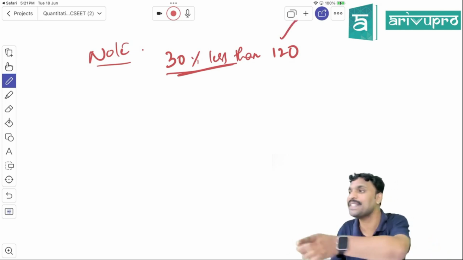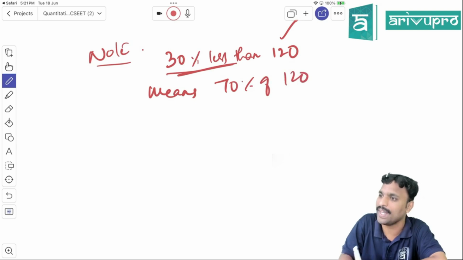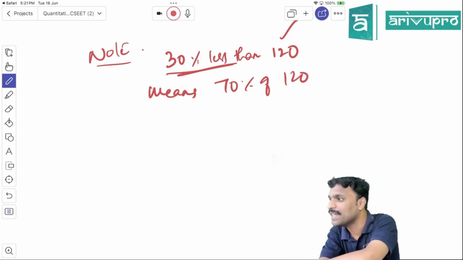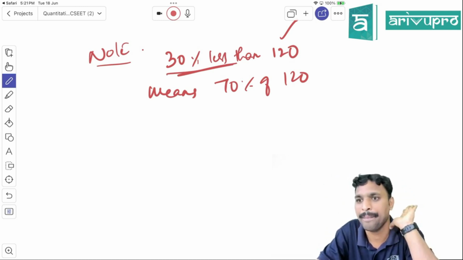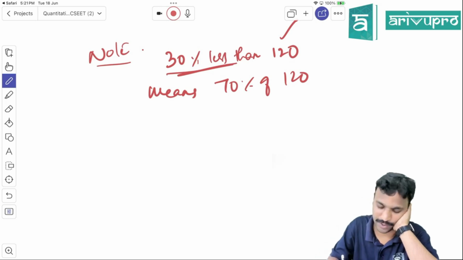So 30% less than 120 means 70% of 120. If 10% of 120 is 12, 70% means into 7. 12 sevens are 84. So 70% of 120 is 84.